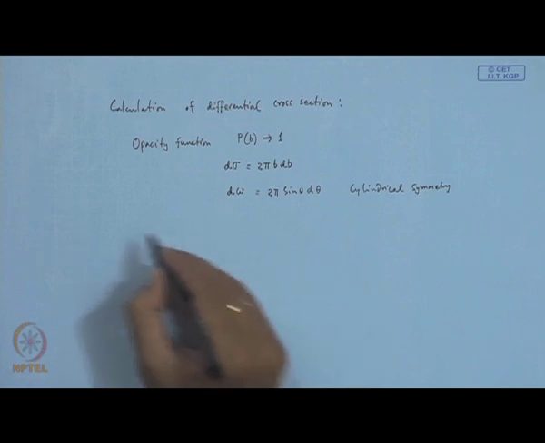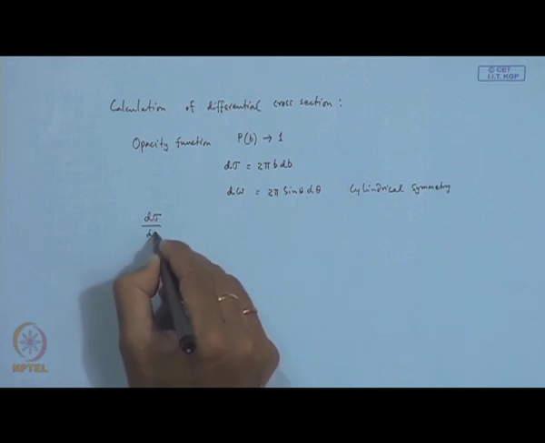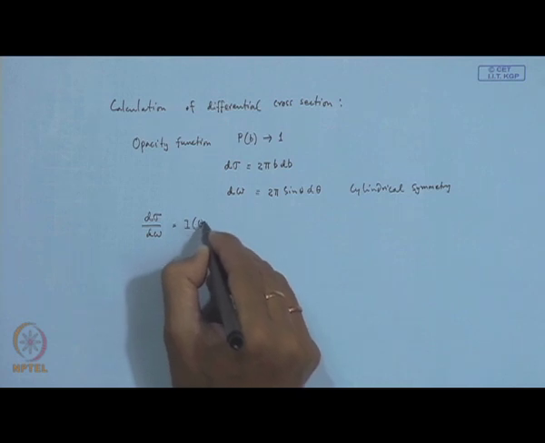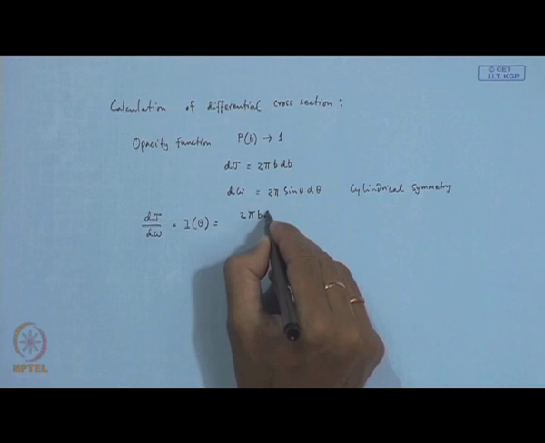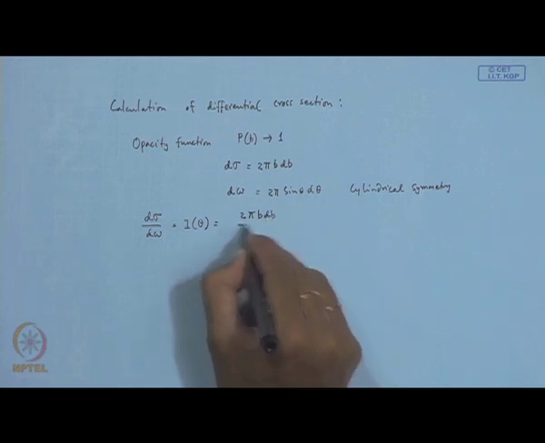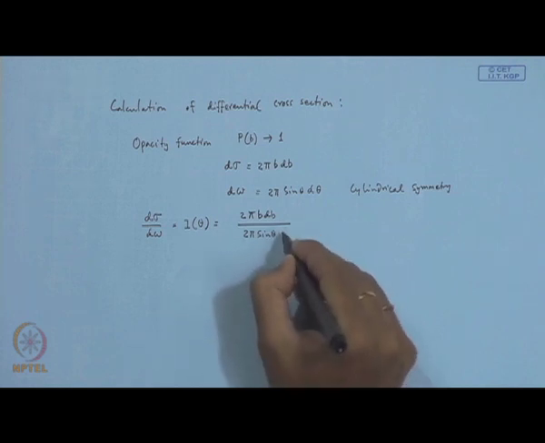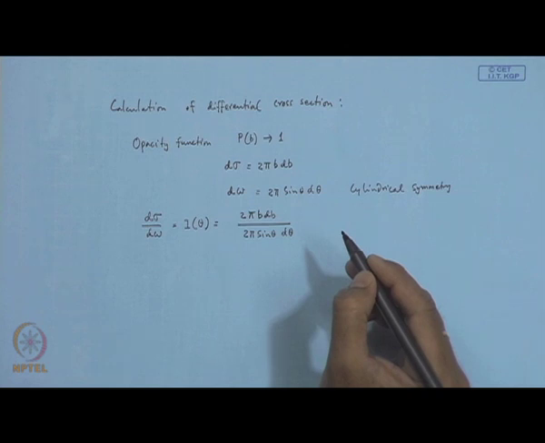Therefore the differential cross section d sigma d omega, which is equal to I theta, can be written as twice pi b dB divided by twice pi sin theta d theta.